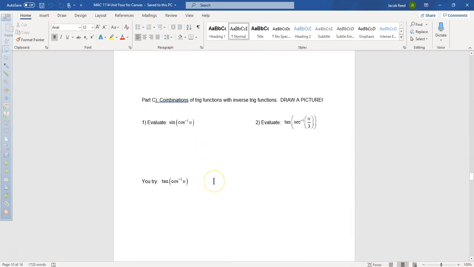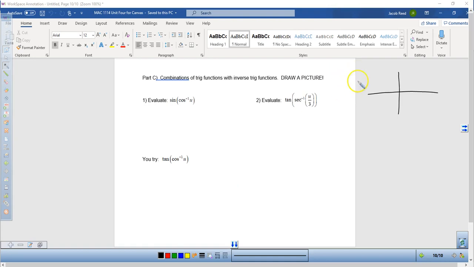Moving down, combinations. All right, let's look at number 1 in picture format. I'm talking about cosine inverse of u. Well, we know we're talking about this angle theta here. Cosine of theta is u, the ratio of the sides.